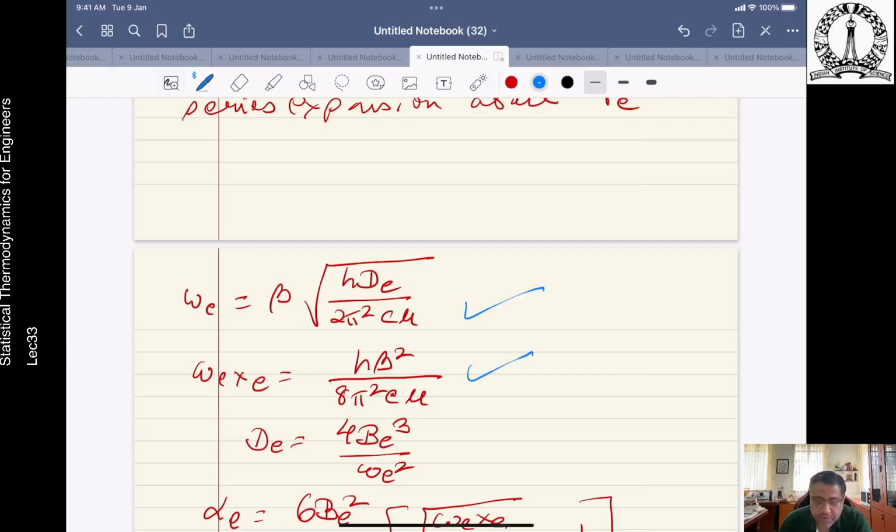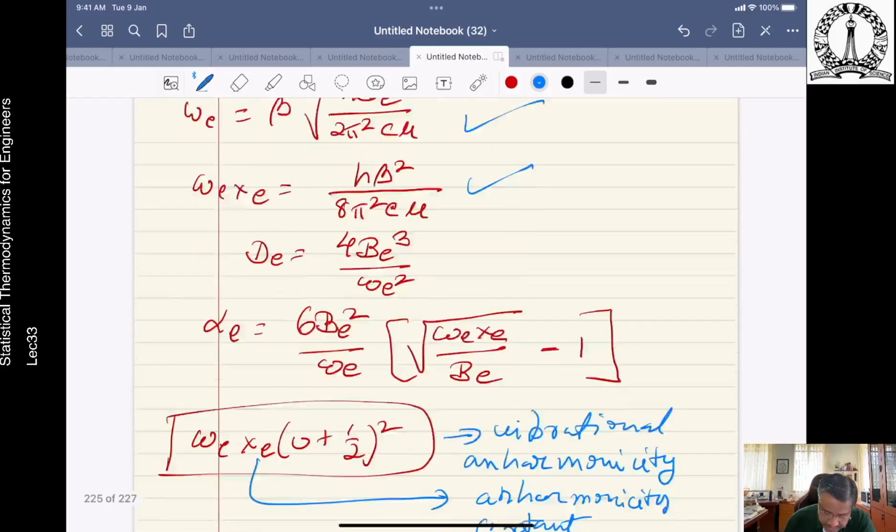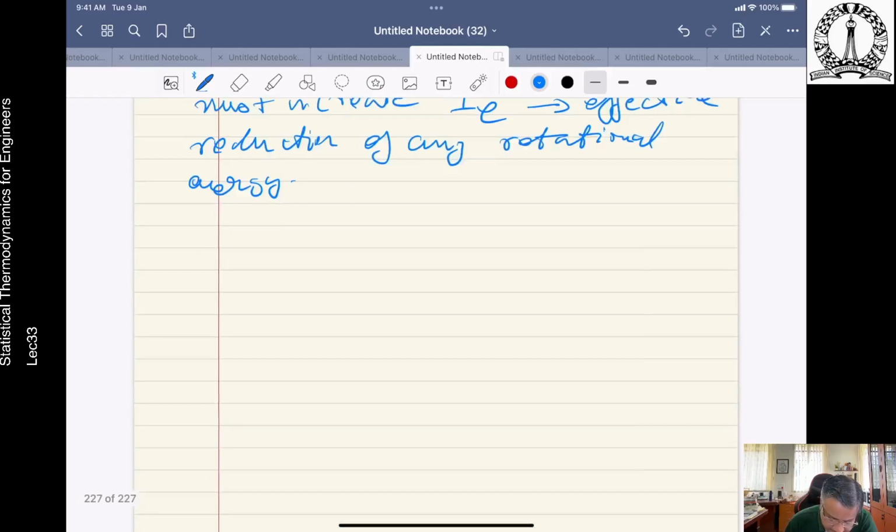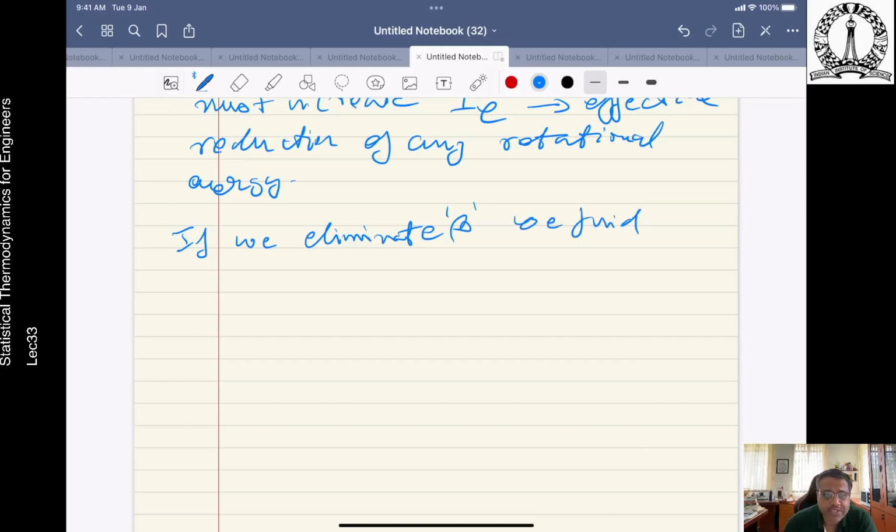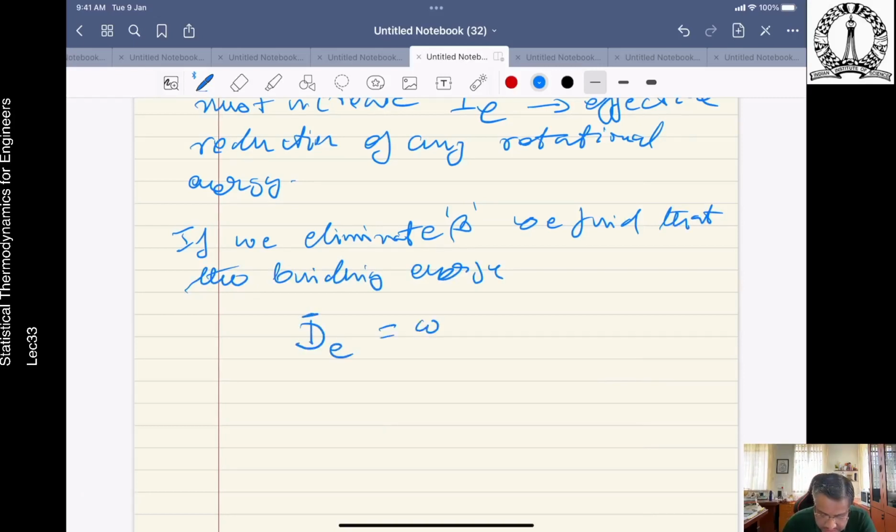If we eliminate beta, we find that the binding energy D_e is given as omega_e squared over omega_e x_e.